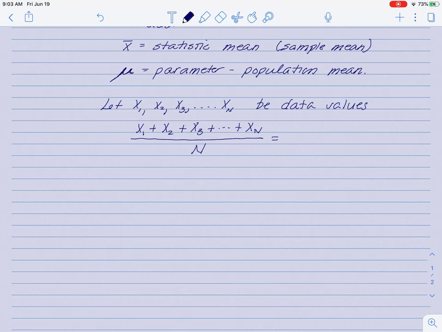And you write this mathematically with this symbol. It's a summation sign. So it looks like a big E, but it's different than a big E. The summation of x sub i over n, where i goes from 1 to n.